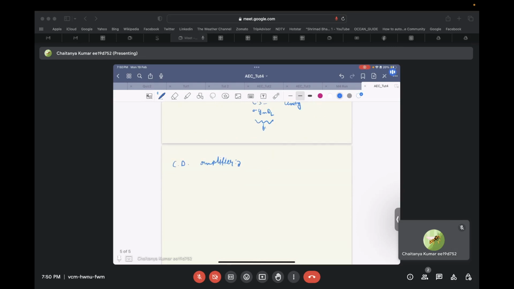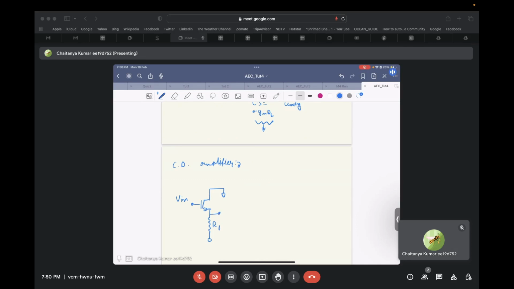The common drain amplifier had an AC short at the drain side, and input was given to the gate side. The source side had a resistance of, let's say, a value of R1.